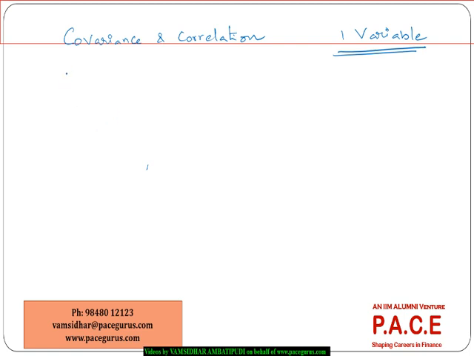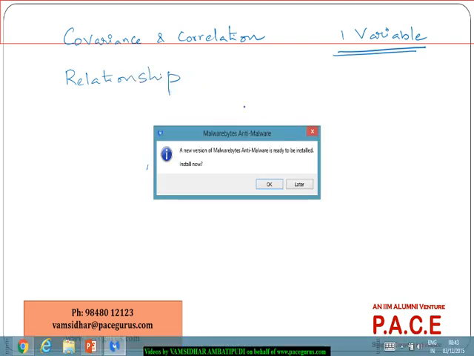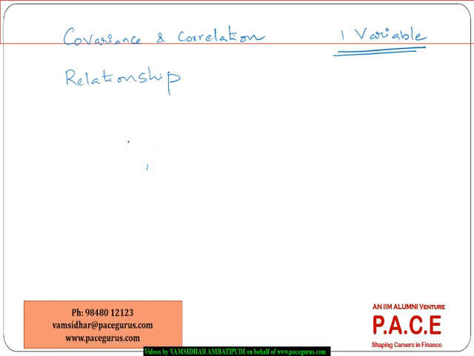Whereas in the world of risk management, we are primarily interested in looking at the relationships between two or more variables. Right? I am more interested in looking at the relationship between the stock returns and the index return. So this is where we need to bring in two variables at a time.